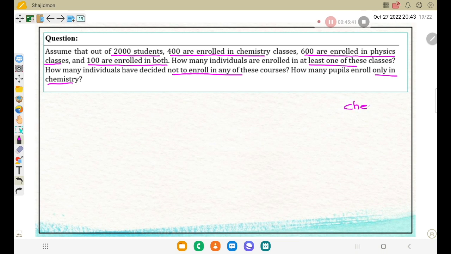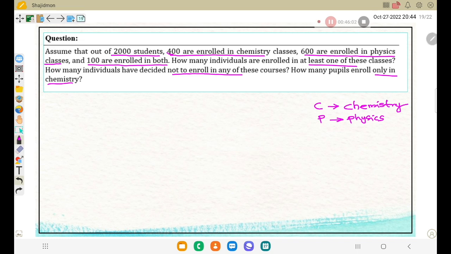One is chemistry, correct? I can represent it by the letter C for chemistry, and another subject is physics. Physics I can represent by the letter P. First letters I am using. If you want, you can use letter A, letter B, anything, no problem. So these are the notations.